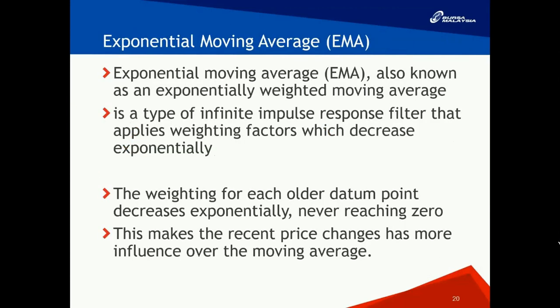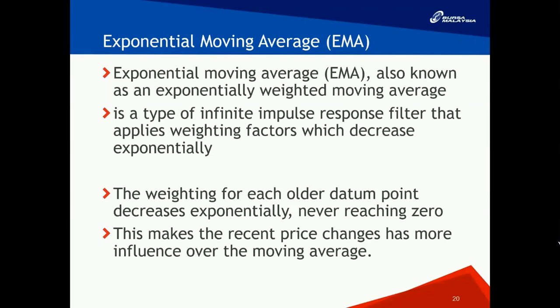So let's take another example. If you further enhance the simple MA, we call it the exponential moving average. Why do I introduce this? Because I usually build strategies based on EMA and other trend or momentum indicators.